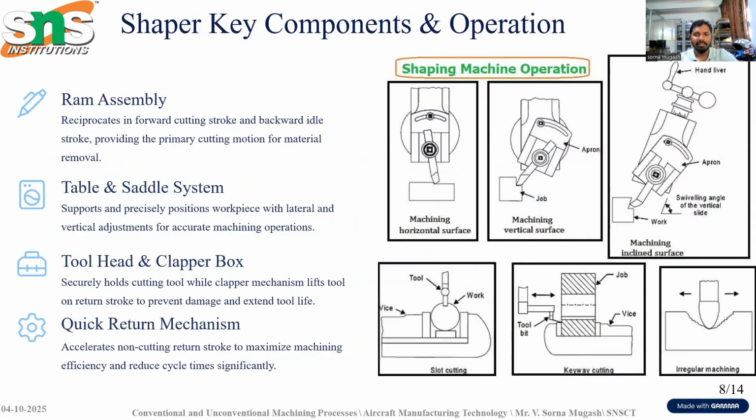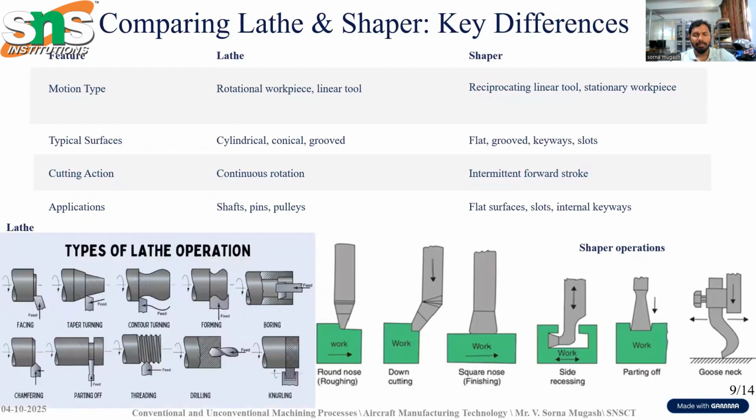The table and saddle system positions the workpiece with lateral and vertical travel. And the quick return mechanism gives a speed-up for the non-cutting stroke, slashing cycle times.